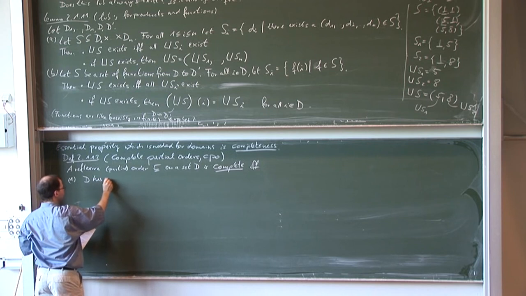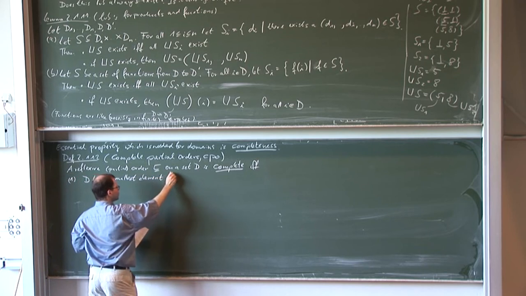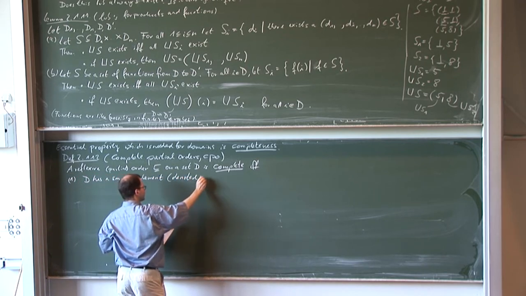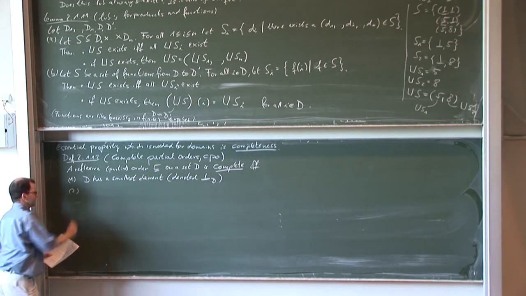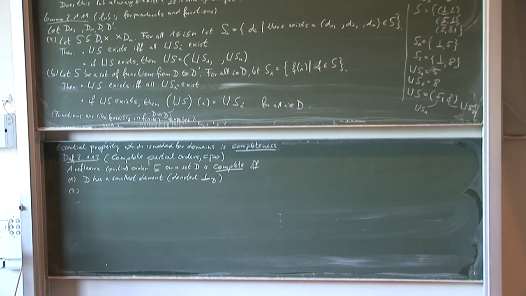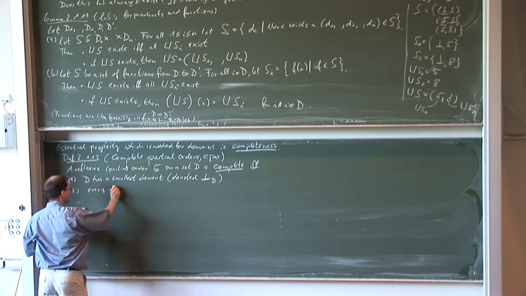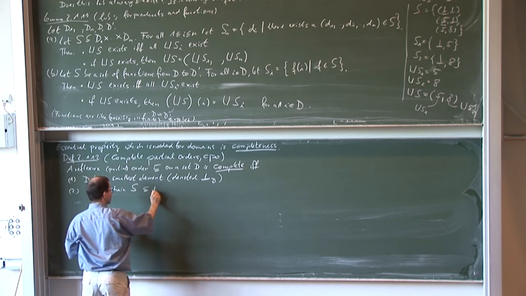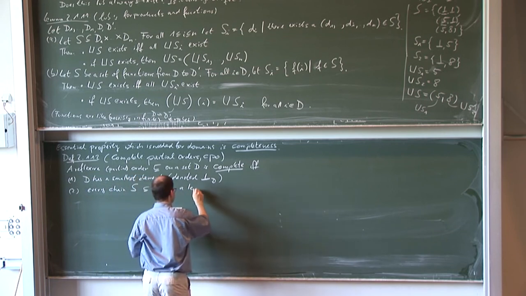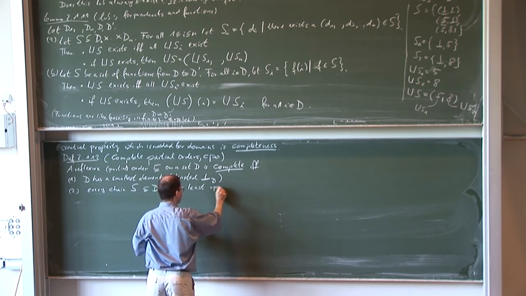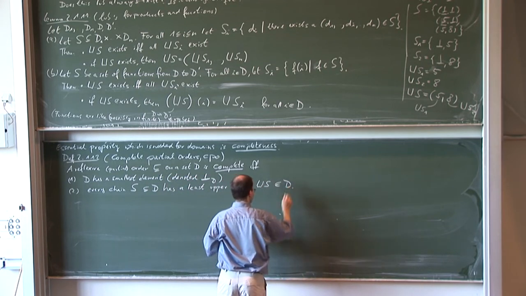So D has a smallest element, which we typically denote by bottom with index D. And the second property is that every chain has a least upper bound. Every chain S of elements of D has a least upper bound, which is also contained in D.